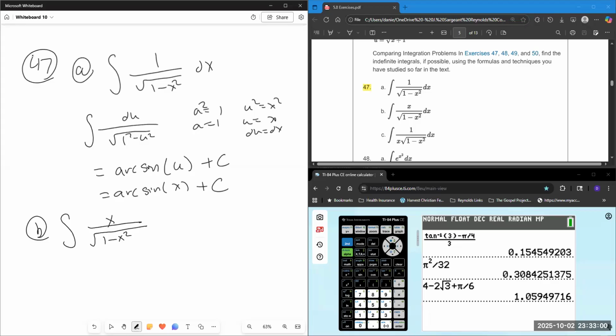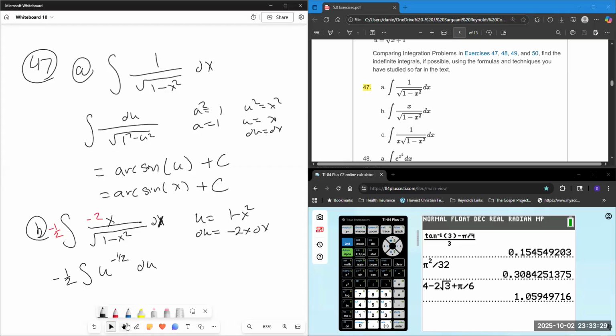x over root of 1 minus x squared dx. So I'm going to make u equal to 1 minus x squared. Du is going to be negative 2x dx. Let's make this negative 2 and negative 1/2. This is negative 1/2 integral of u to the negative 1/2 du.